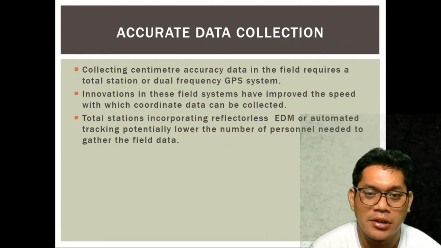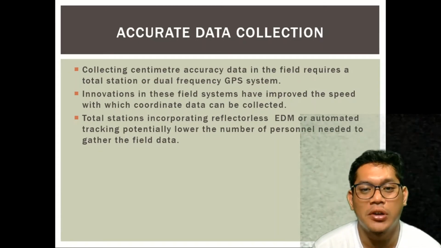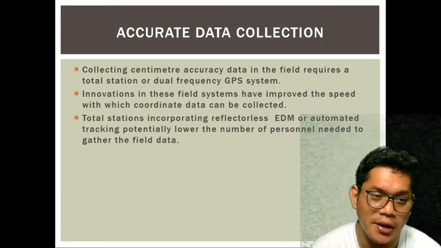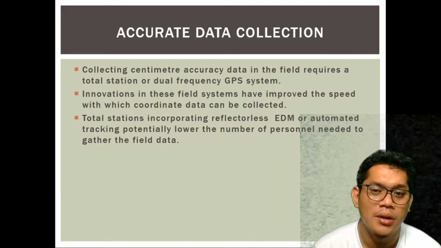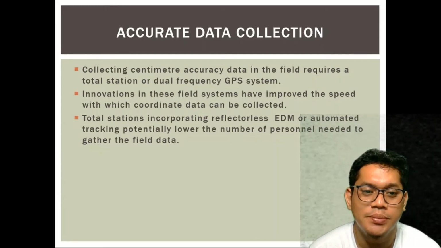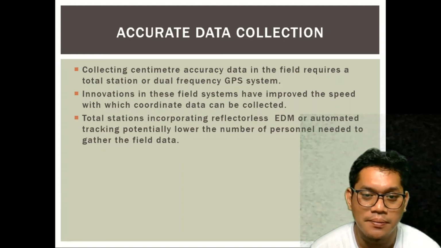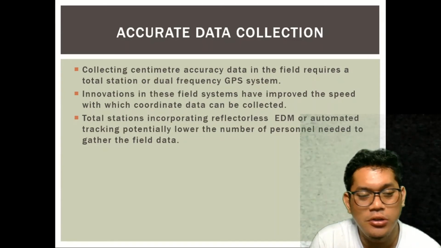Collecting accurate data in the field requires a total station or a dual frequency GPS system, which is very expensive and also requires specific expertise to operate. But innovation in these field systems has improved the speed with which coordinate data can be collected. Okay, so nowadays there are a lot of new technologies.